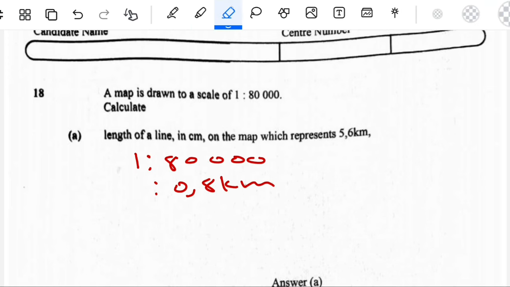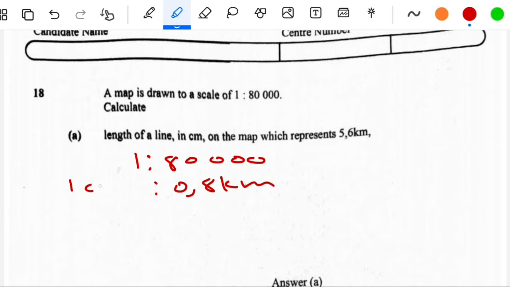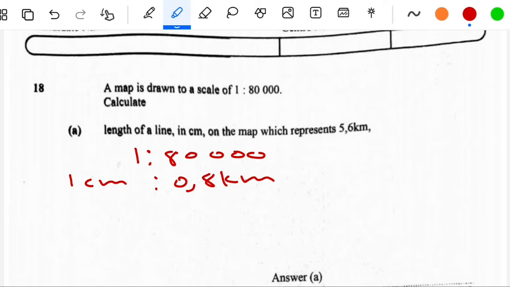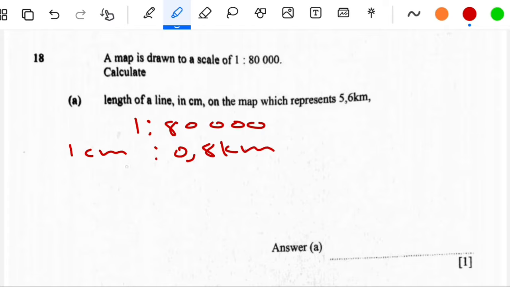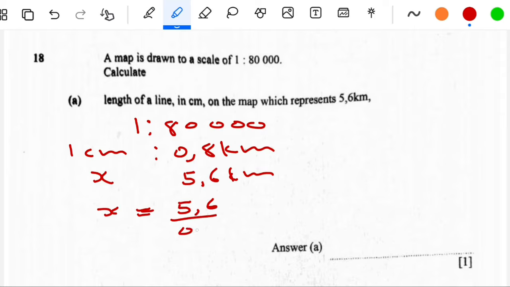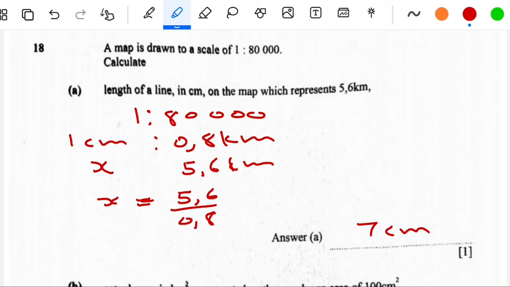So let me say 1 centimeter is to 0.8 kilometers. So what I have is 5.6 kilometers. I need the centimeters that I'm going to call x. So to find my x, I'm going to say 5.6 over 0.8, and this is going to give me 7 centimeters.